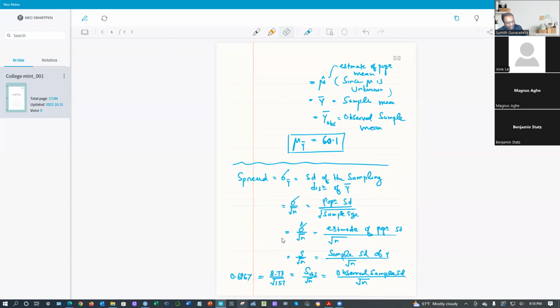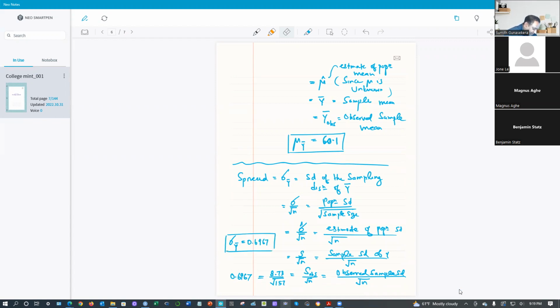You might be thinking why we are using this one; it's because of this reason. So therefore, our sigma Y bar, which is the standard deviation of the sampling distribution, is 0.6967.